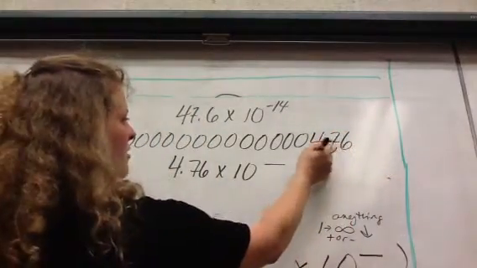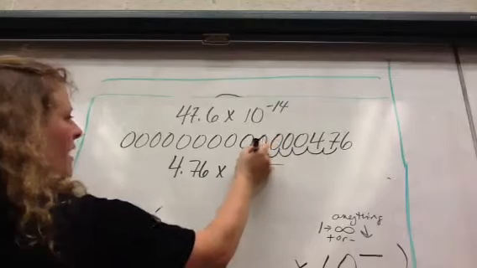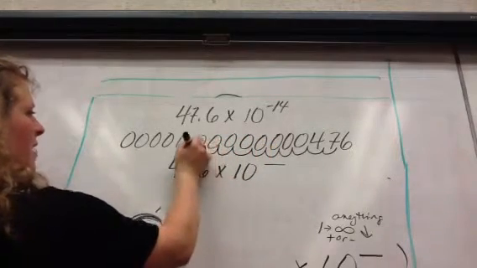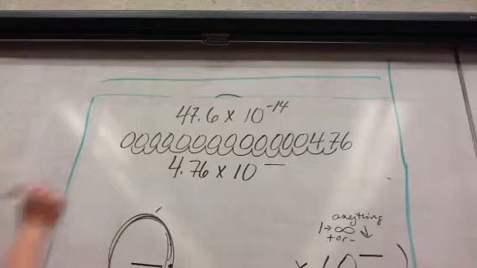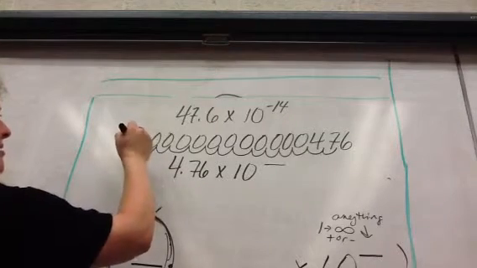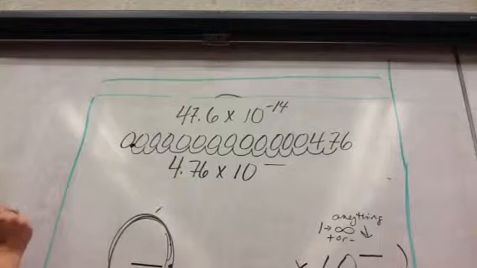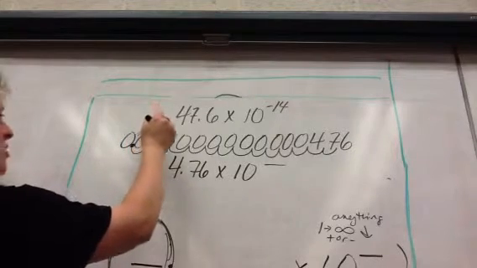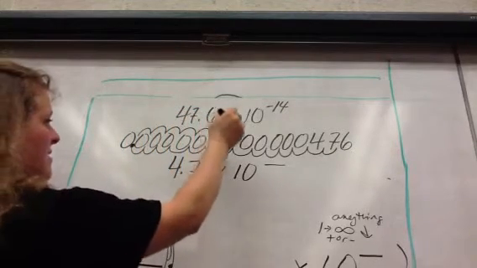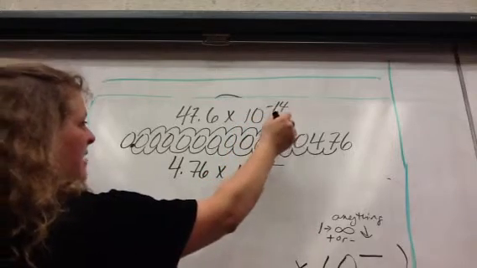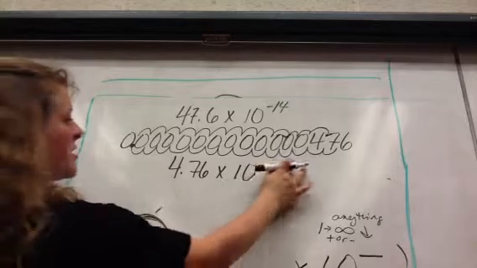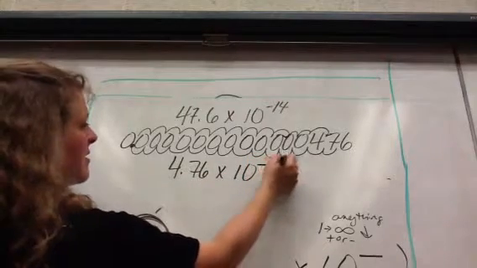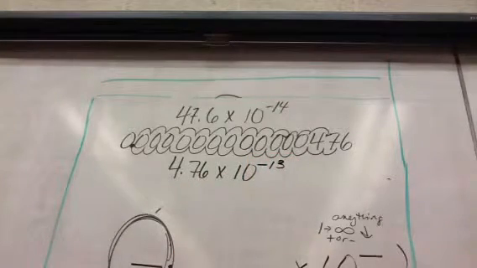So we're going 1, 2, 3, 4, 5, 6, 7, 8, 9, 10, 11, 12, 13, 14. Wow, that never works out that well. And then, so that's the number that we're actually looking at. Then we go 1, 2, 3, 4, 5, 6, 7, 8, 9, 10, whoops, 11, 12, 13. So this is 4.76 times 10 to the negative 13.